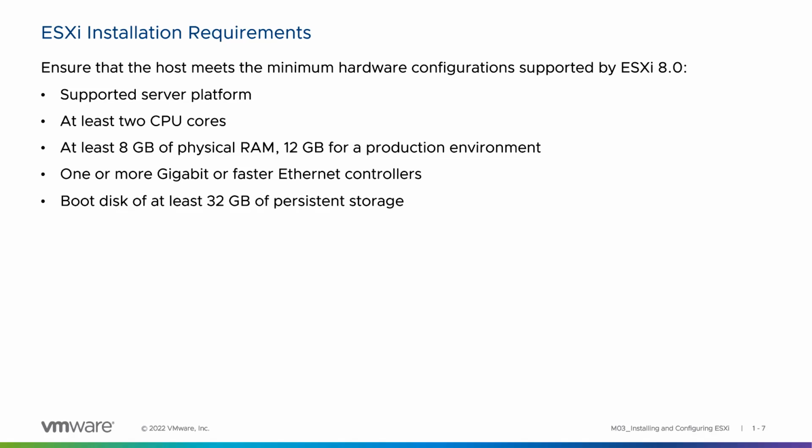ESXi. That's your supported server platform, a little bit beyond just 64-bit. It has to be on their hardware compatibility list. So a 64-bit Intel Xeon server chip from 2009 is not going to be supported.